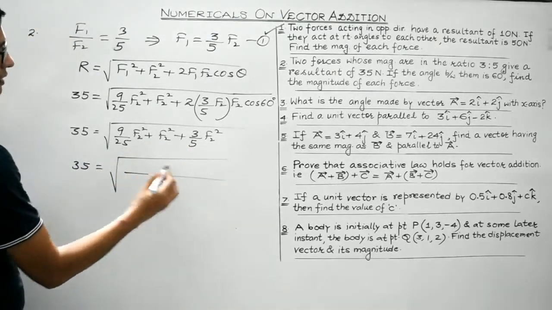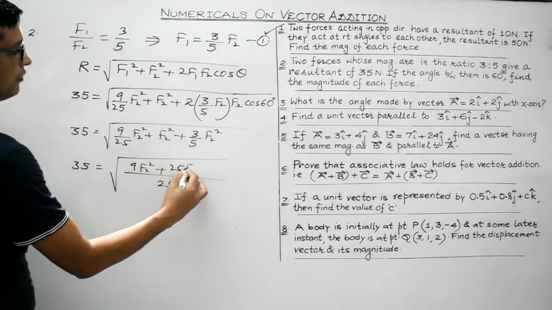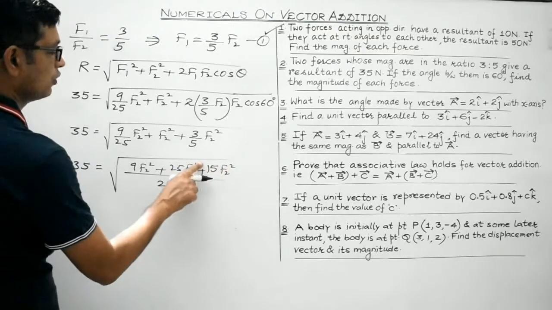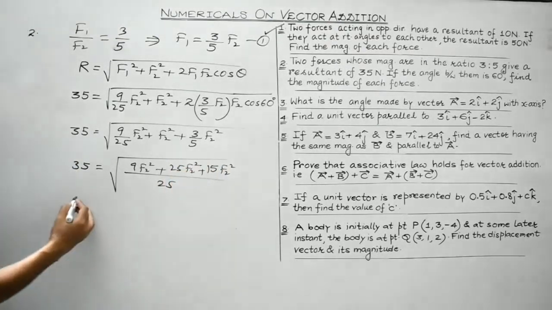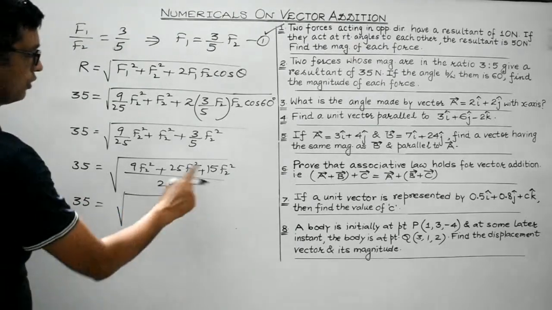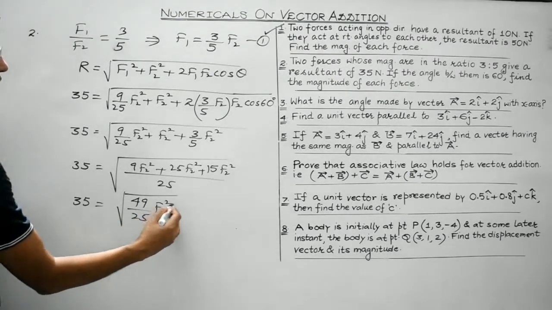25 can be taken as LCM. So it is 9 F2 square plus 25 F2 square plus 15 F2 square. So what you get is 35 is equal to square root of 49 divided by 25 F2 square.